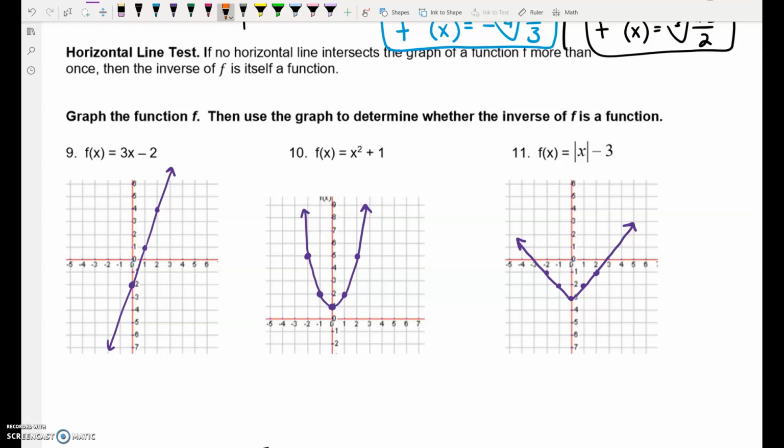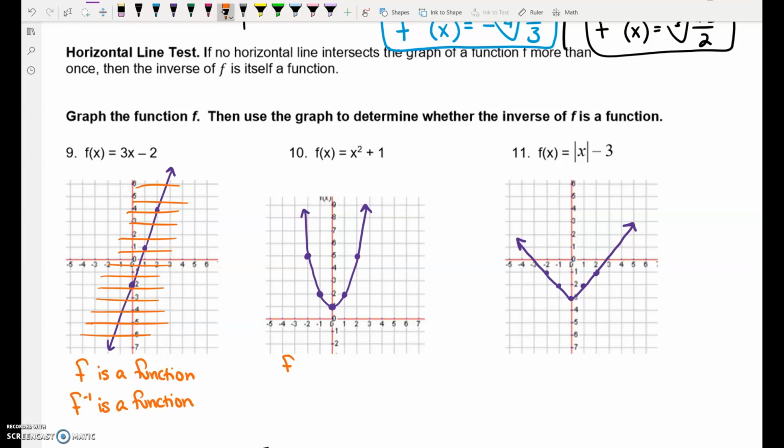Now, number 9, f is a function. This original graph is a function. Vertical lines going through this would only touch one point at a time, so f is a function. Would the inverse be a function? So let's do horizontal line test. Any horizontal line that we put through here is only going to touch one point at a time. So yes, the inverse is a function.